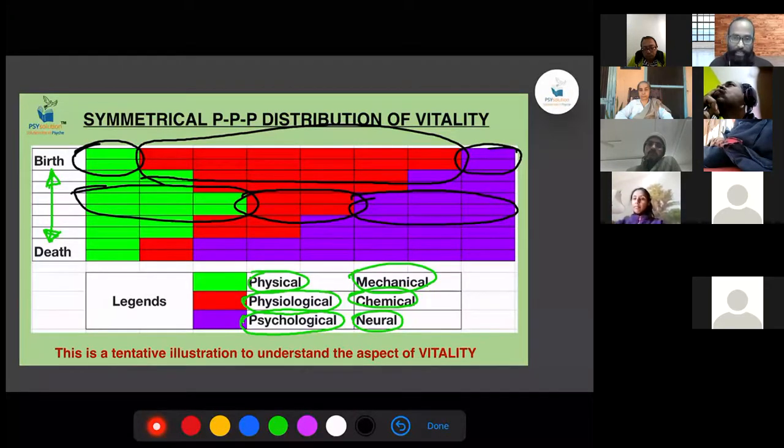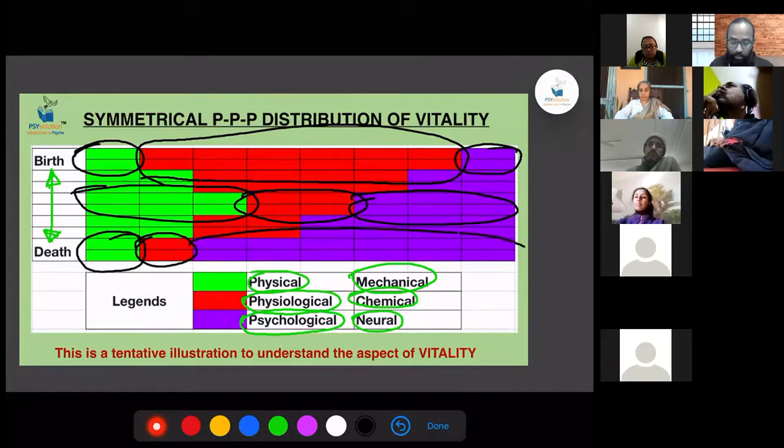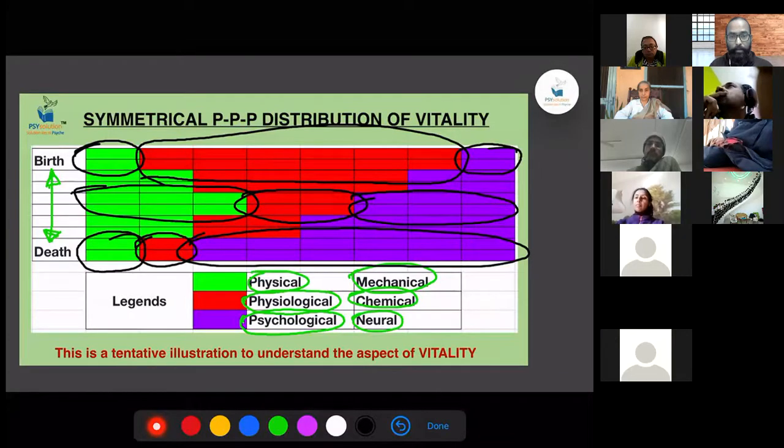And as we age, the physical strength goes down and the physiological allocation also goes down. Neurological allocation is too much by that time. So this is the allocation of vitality in the 3 domains of PPP: physical, physiological, and psychological.